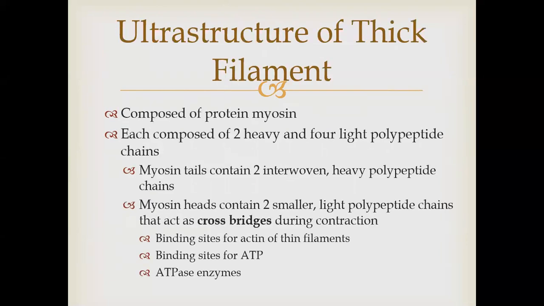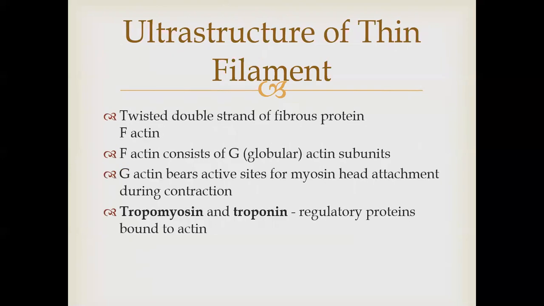All right, so this slide talks in more detail specifically about the thick myofilaments, which are going to be your myosin. This slide talks in more detail about your thin myofilaments, which would be your actin.